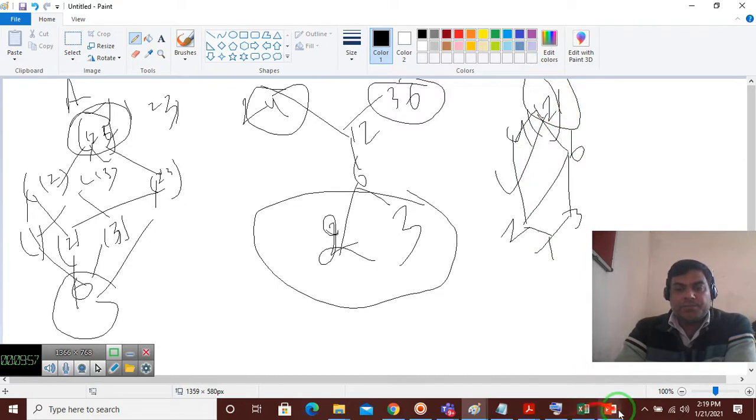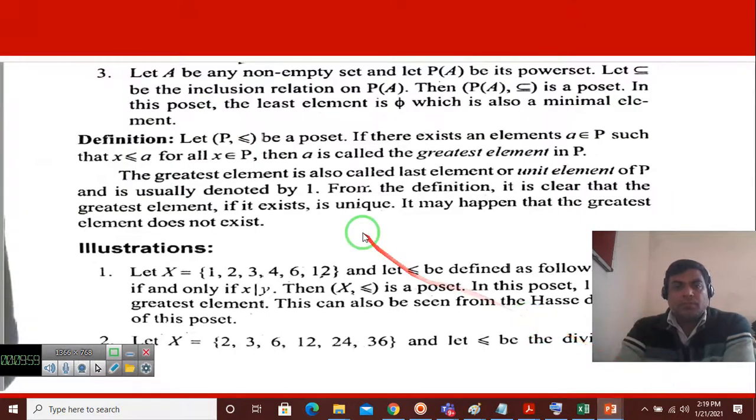For this set, 1 is the least element and 12 is the highest.